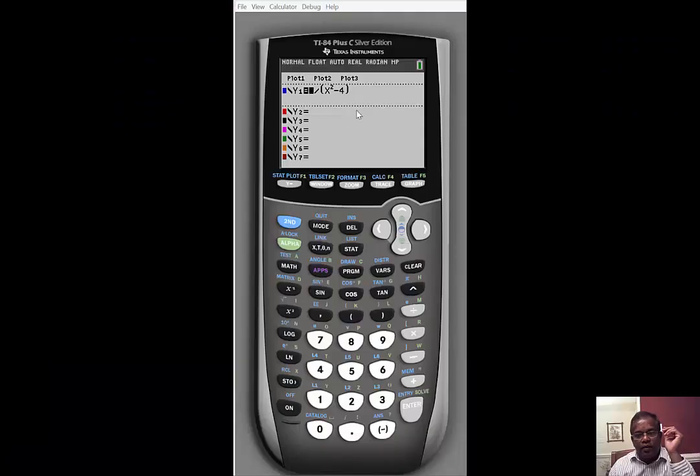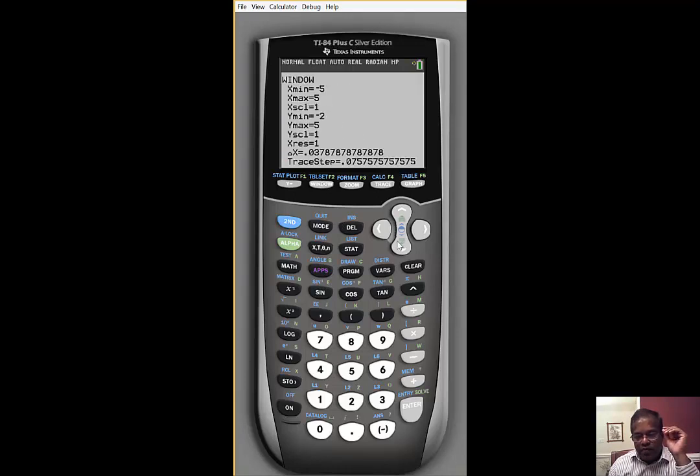Now let's use the calculator to graph it and see whether we get the same graph. So our graph is going to be x over x squared minus 4, and the window, let's change a little bit. We have negative 5 to 5 and scale 1, and let's change y minimum to negative 5.